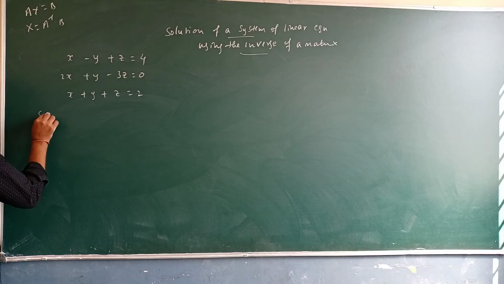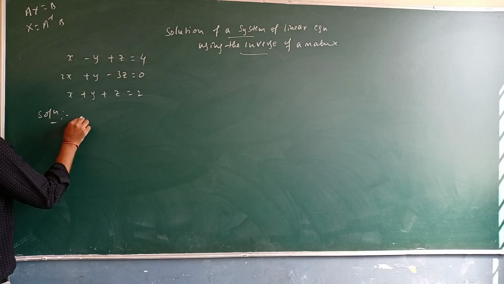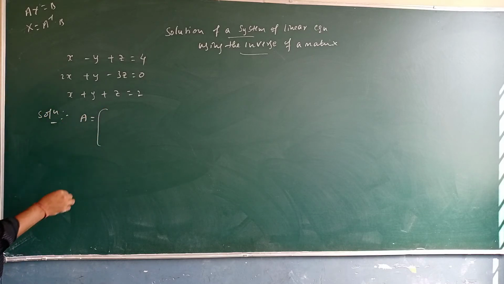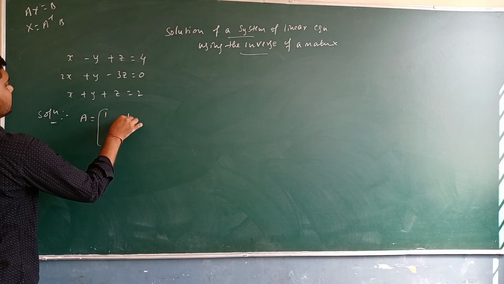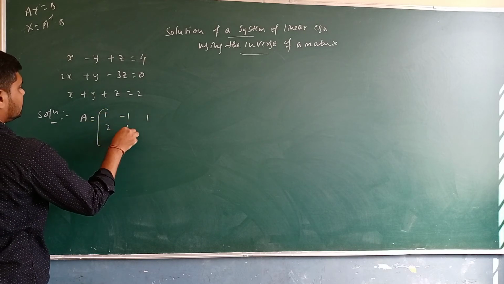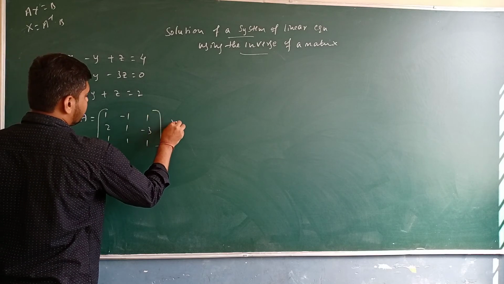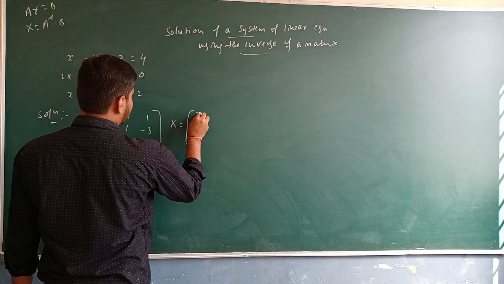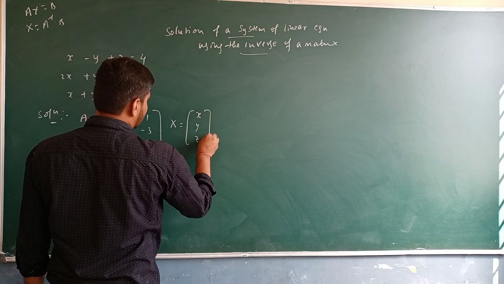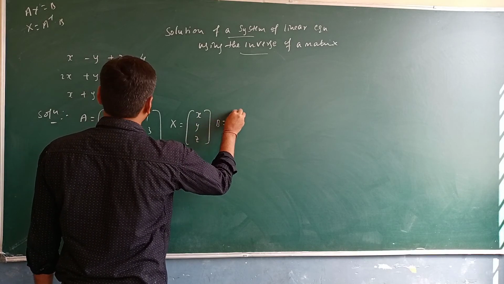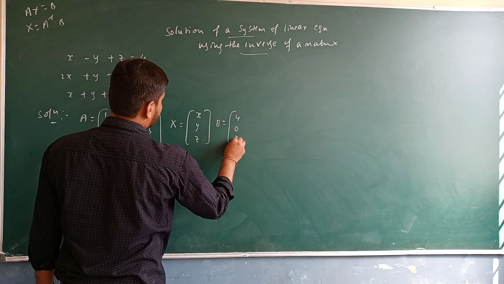The solution. A is equal to the corresponding coefficients: 1 minus 1 1, 2 1 minus 3, 1 1 1, and X is equal to x y z, and B is equal to 4 0 2.